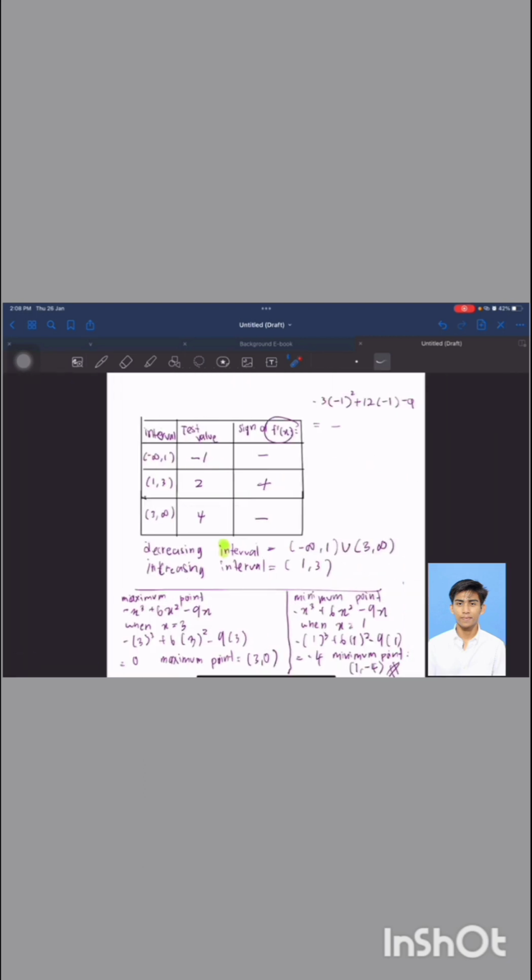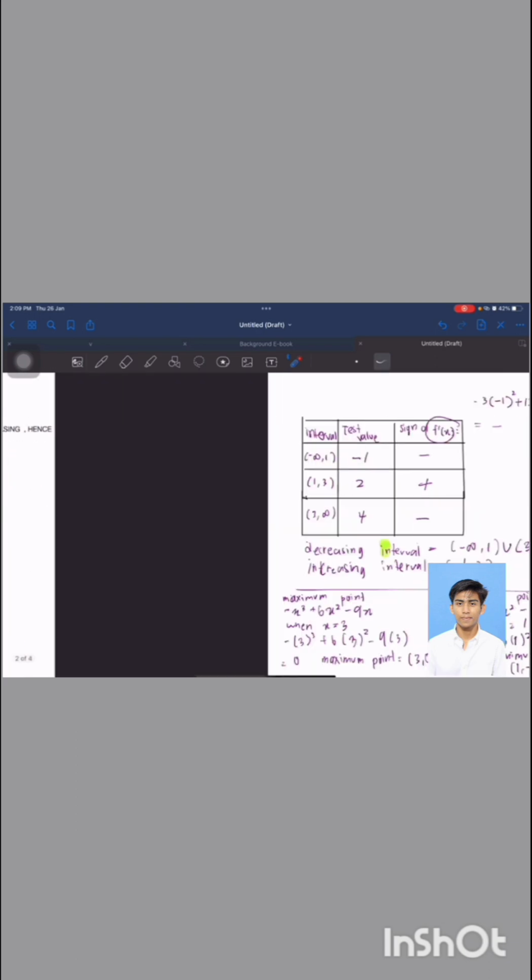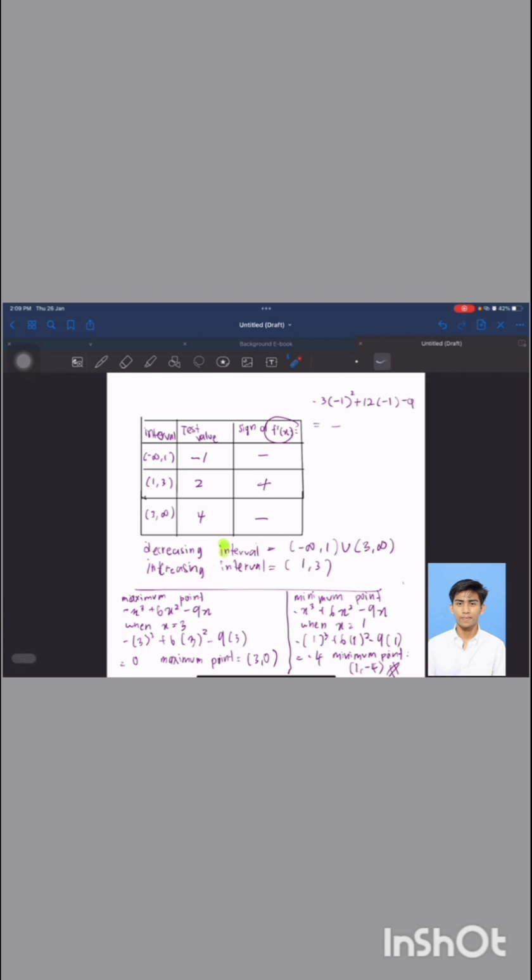Then you use the test value. How do you find the test value? You need to find it by the critical line. So 1 is more to the negative. 1 is for the negative infinity. So the test value needs to be in that range.